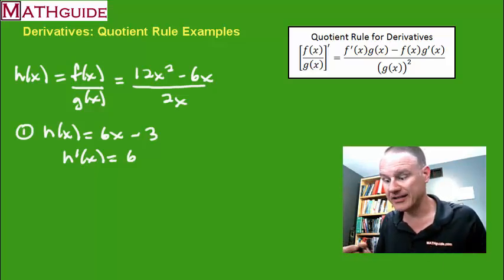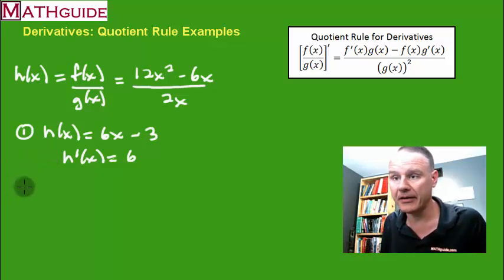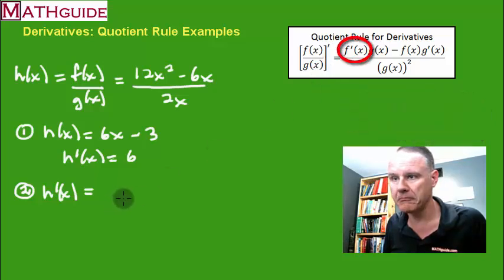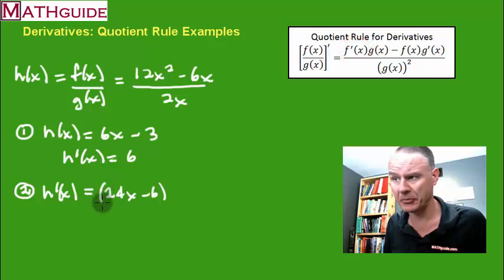Now let's try our second method. I'm going to use this formula, and it tells me how to do it. It says take f prime, the derivative of the numerator, which would be 24x minus 6, and then multiply it by g of x.